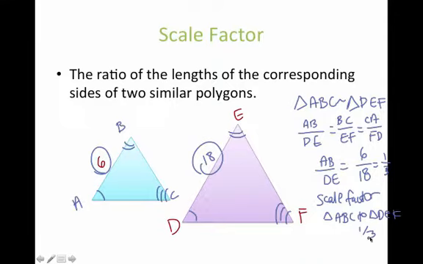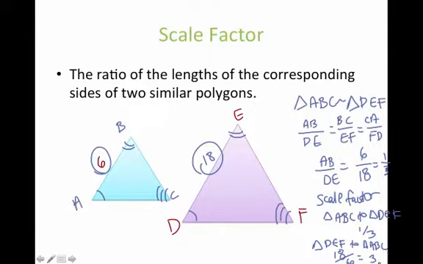Now if I asked you for the scale factor of triangle DEF to triangle ABC, that would be a little different. You would take the side DE and divide it by the side AB, 18 over 6, which would be 3. So the scale factor from triangle DEF to triangle ABC is 3.